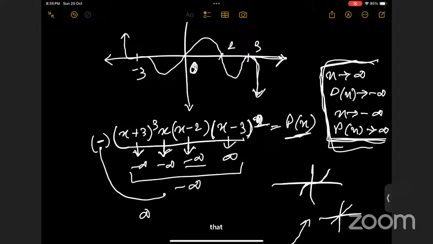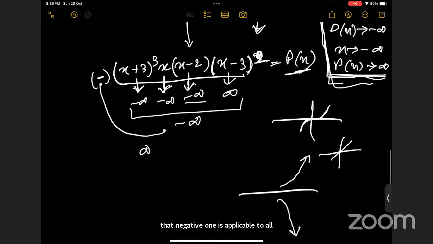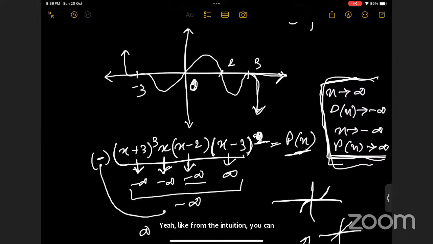From the intuition, you can consider that if the ending is in the negative side of the y-axis, then there will be a minus in front. And if the ending is on the positive side, then the constant will be positive.